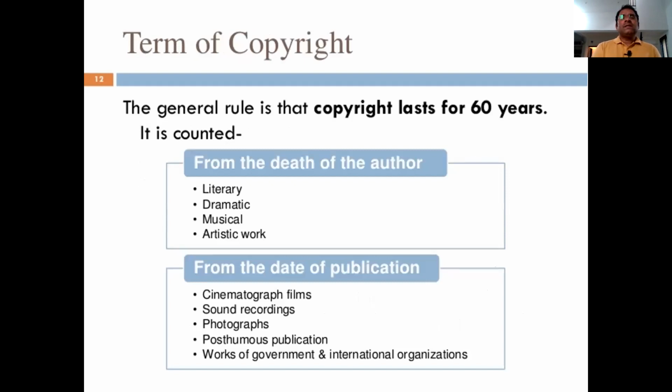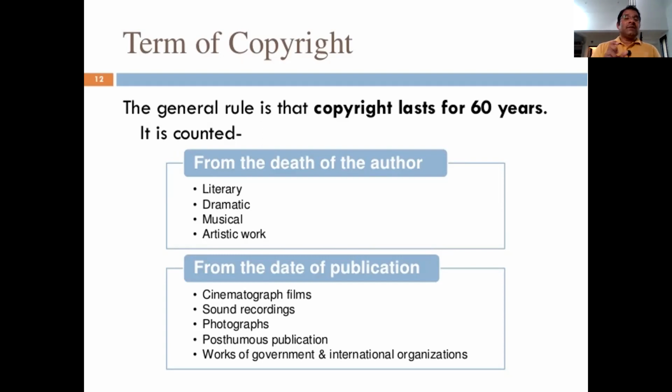Now, what is the term? For how many years can this right be claimed by the owner? The term of the copyright. The general rule is that copyright lasts for 60 years, counted in two ways. It depends on what kind of work it is.